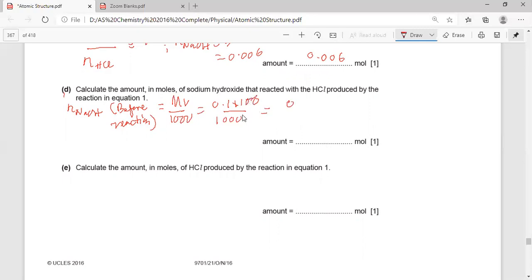See, cancel, cancel, cancel. So 0.01 moles. Yeah, so 0.01 moles here.